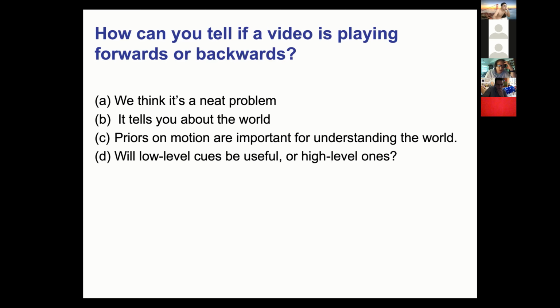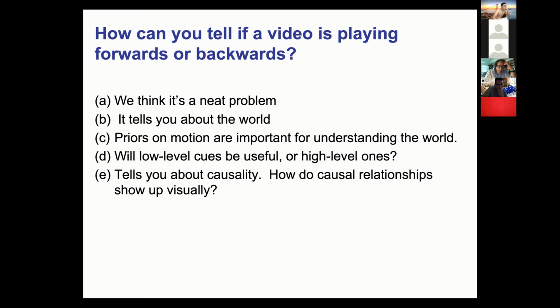And here's one that would be important. If you train a system to tell whether something's going forwards, do you think it's low-level cues that tell you, or will it be high-level cues? Will you figure out that it's going backwards because you see a person walking backwards?